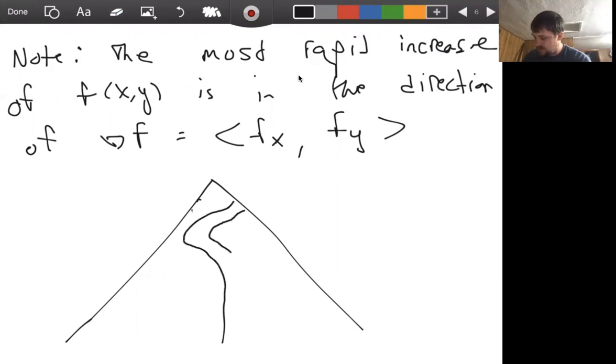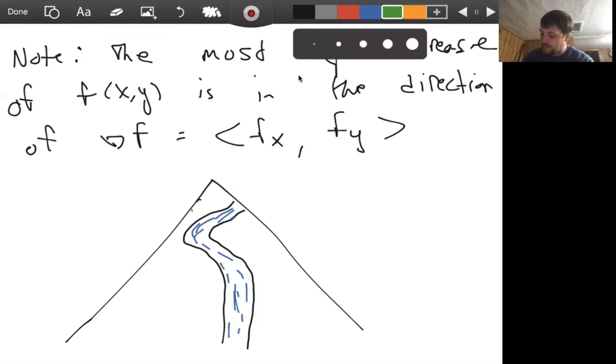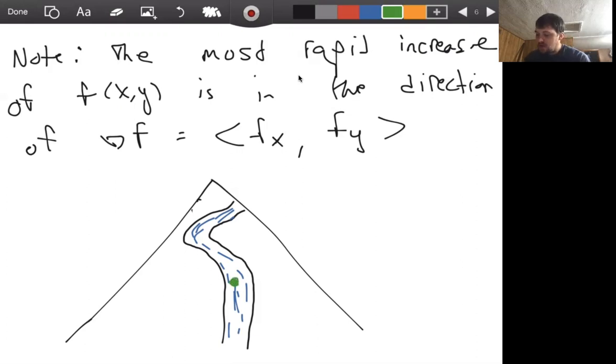So here's some little stream or river running down the side of a mountain, and you could express flow rates along this river. And if you pick a point in the middle of this river, say you're a little frog right in the middle of this river, or say a leaf, even better.